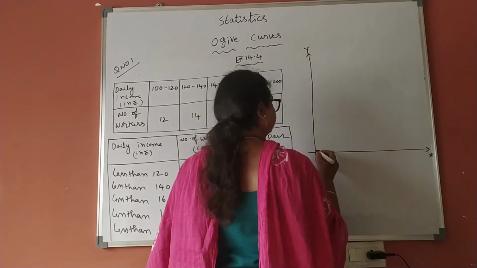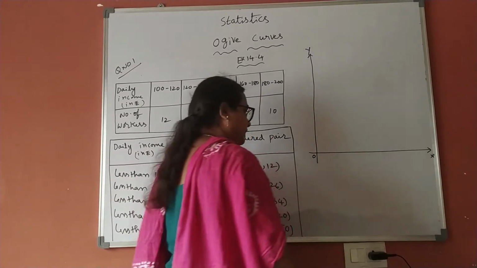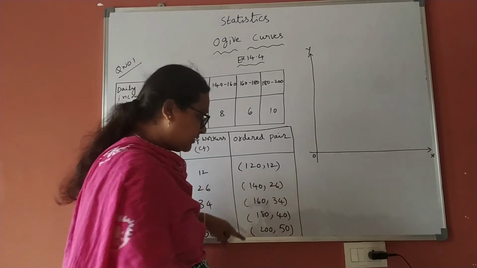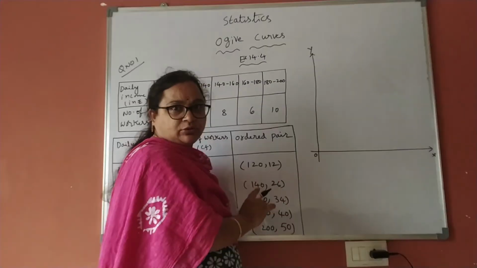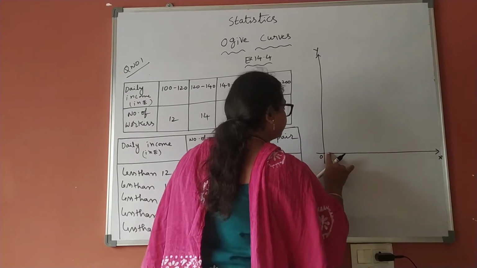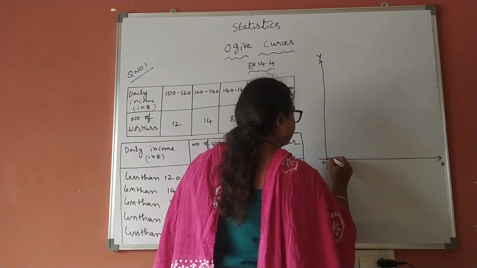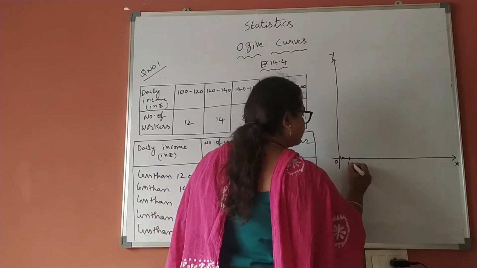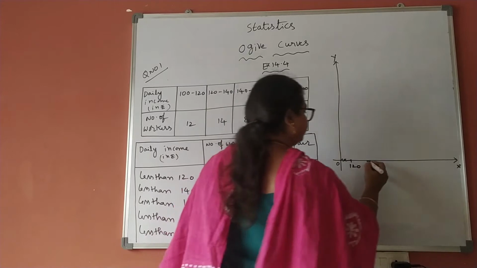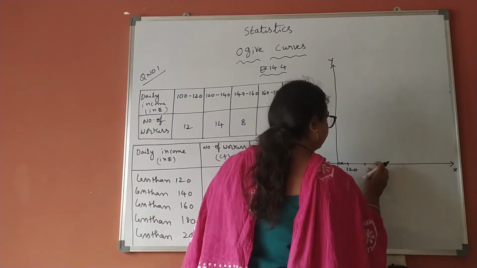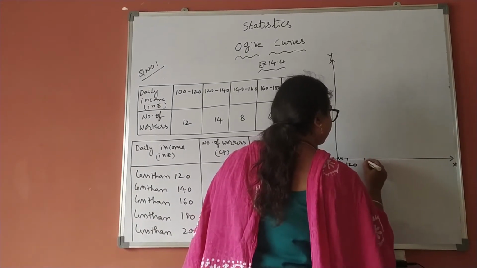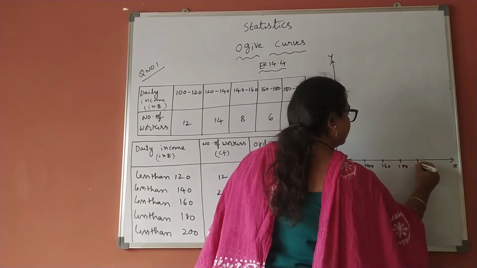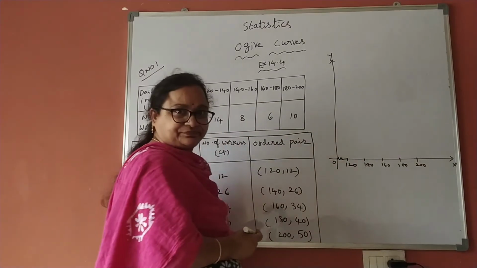Our starting point is 120, then 140 like that. So we use a kink over here. This is what we call a kink. Then I am starting with 120, 140, 160, 180, 200.